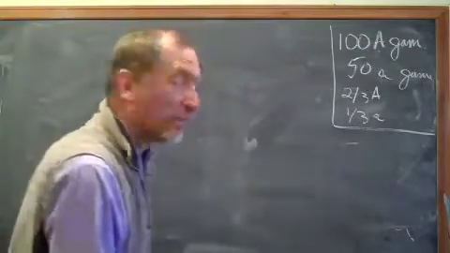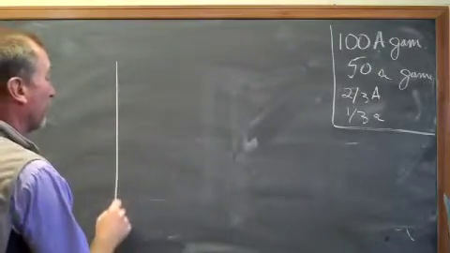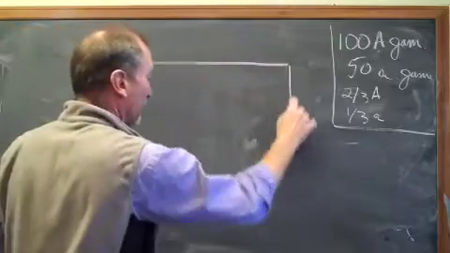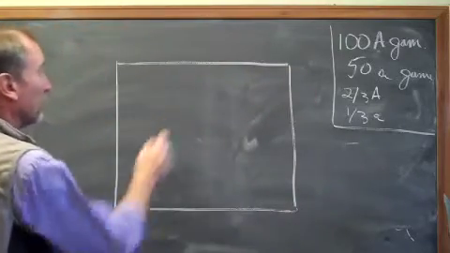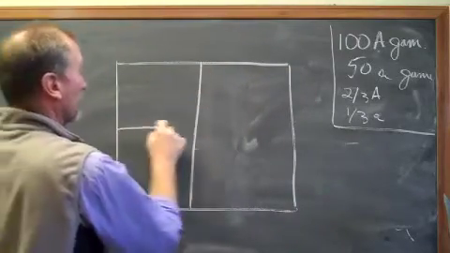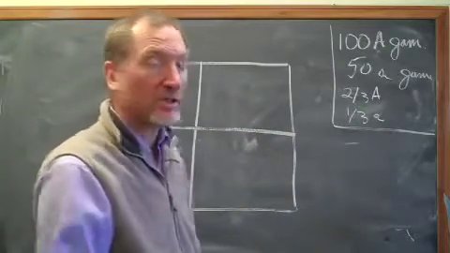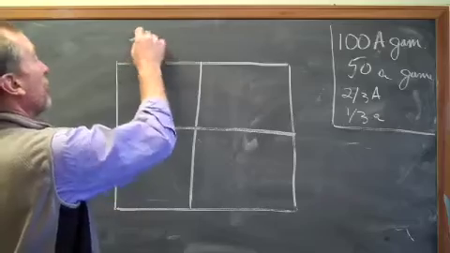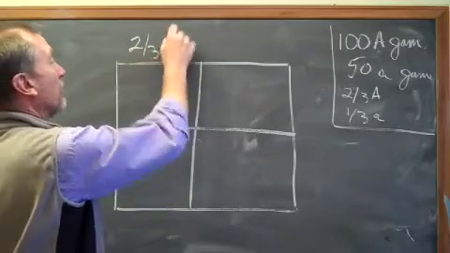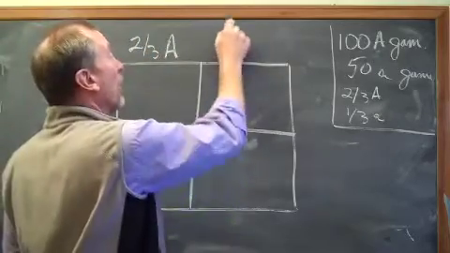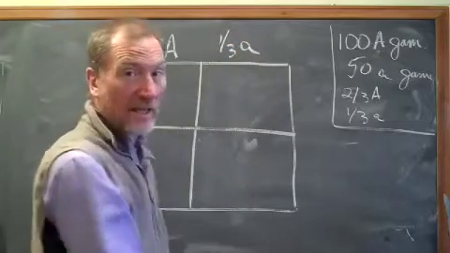We use a Punnett square. And we know that the male gametes, the sperm, 2/3 of them are going to be big A and 1/3 are going to be little a.